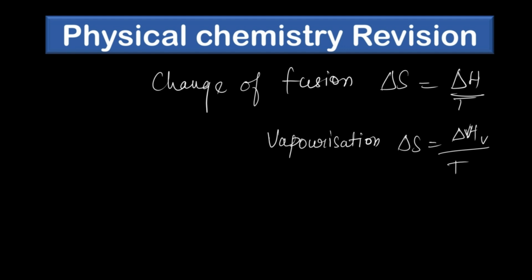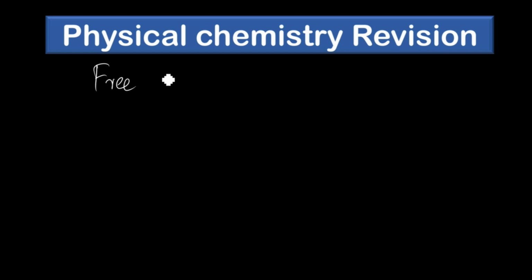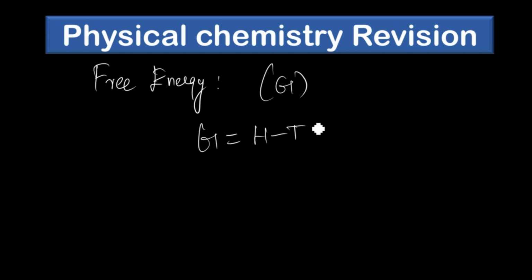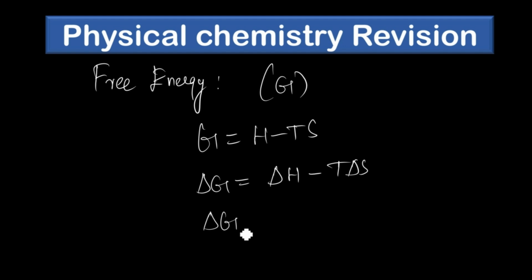Then we are moving on to free energy. So free energy, which we take as G for Gibbs. G is equal to H minus TS. What else is the formula we have? That is delta G equal to delta H minus T delta S. Or if they are asking for the products and the reactants, then G of products minus G of reactants.